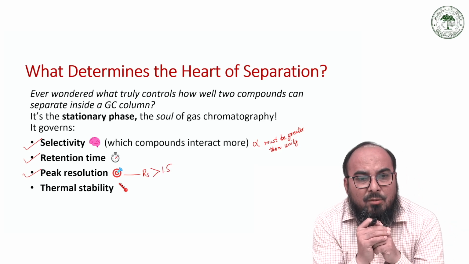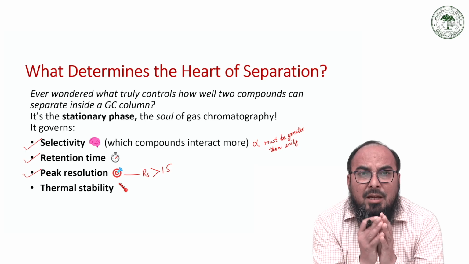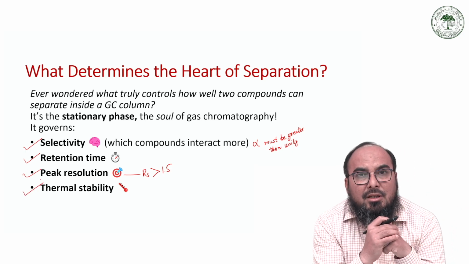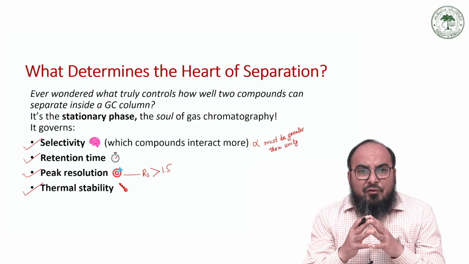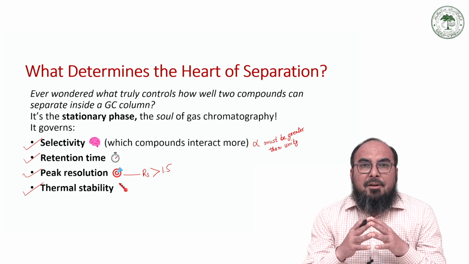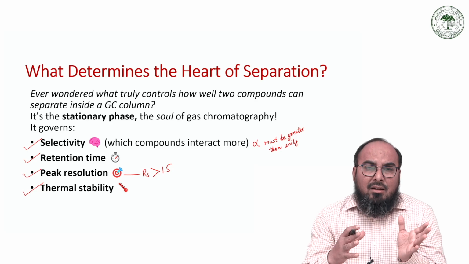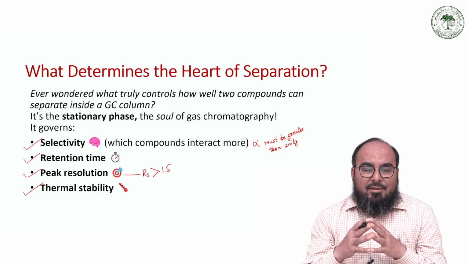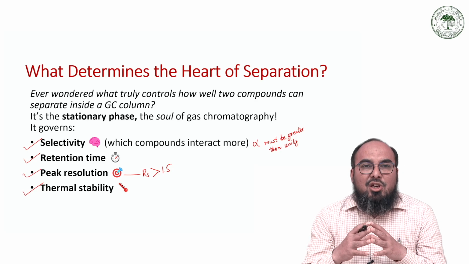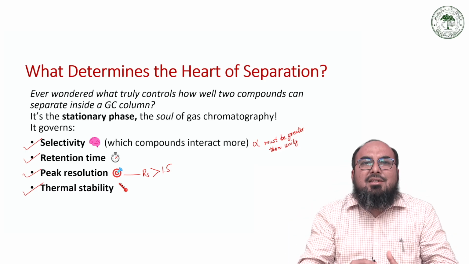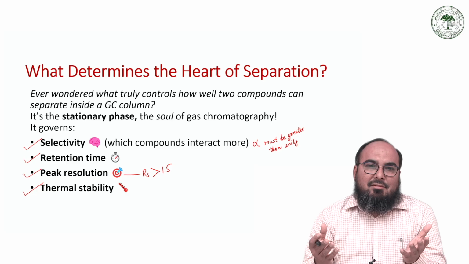Similarly, you have to keep an eye on the thermal stability. Your stationary phase must be thermally more stable as compared to your volatile components, or you can say your stationary phase must be very less volatile as compared to your sample.